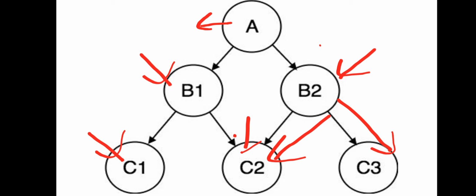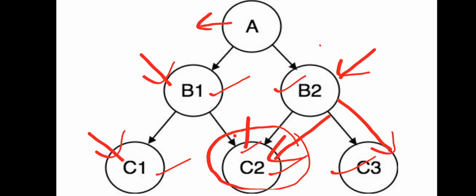If you see here very carefully, in this network model the child can also have many parents. In the hierarchical model, one parent can have many children and a child can have only one parent. But in this case, one child can have many parents. See in this example, C2 is a child, and this child is having two different parents.